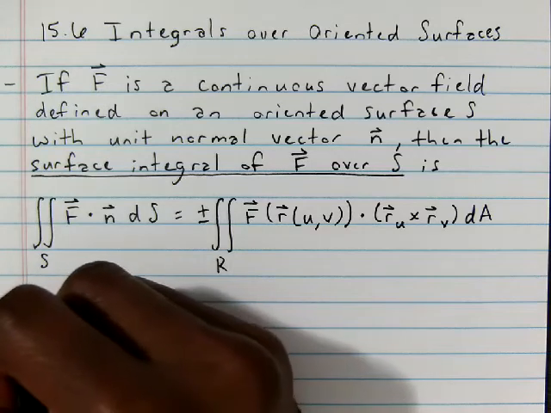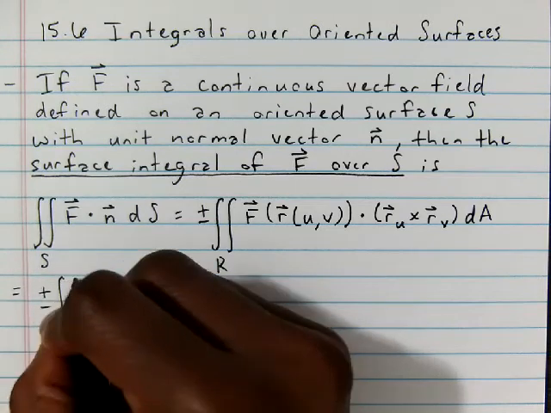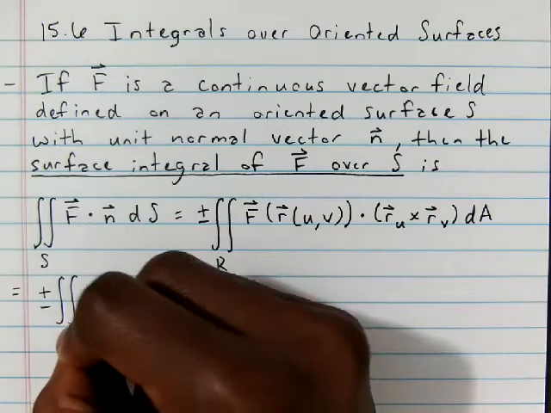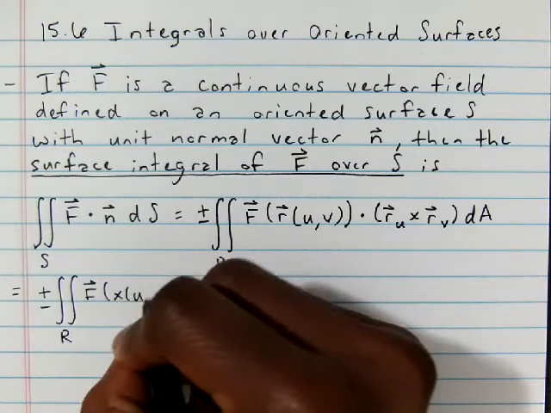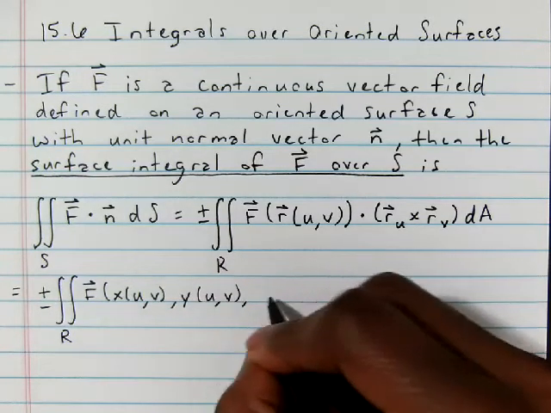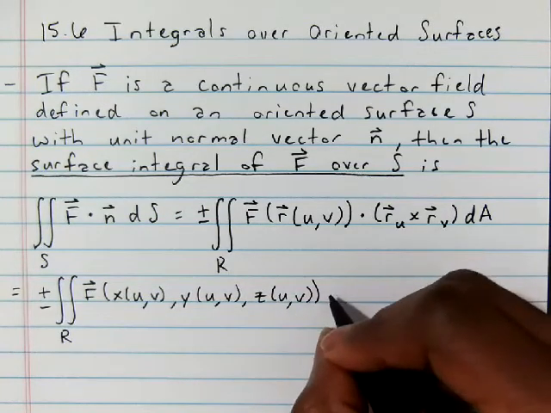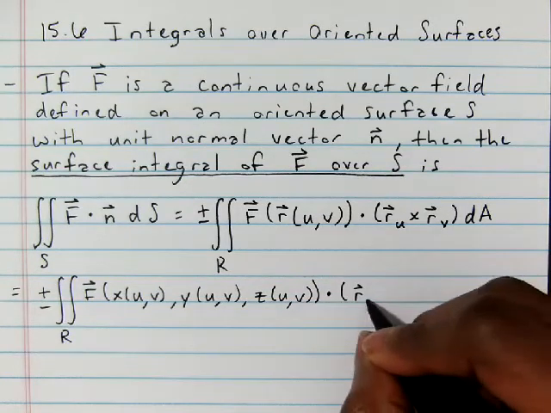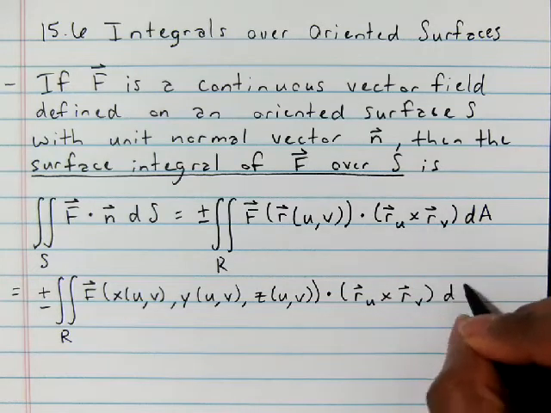So writing this all the way out, this is plus or minus the double integral over region R of F of x of u, v, comma, y of u, v, comma, z of u, v, dotted with r sub u cross r sub v, and integrate that.